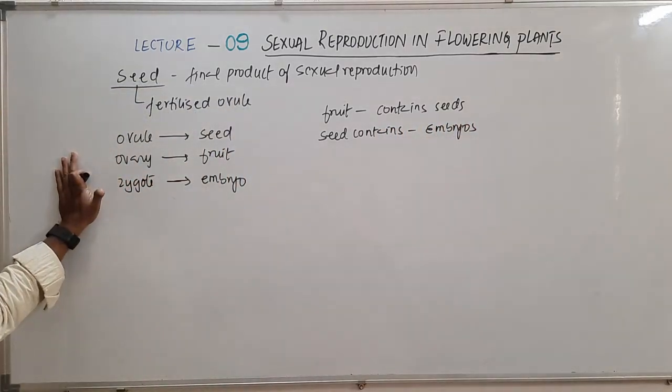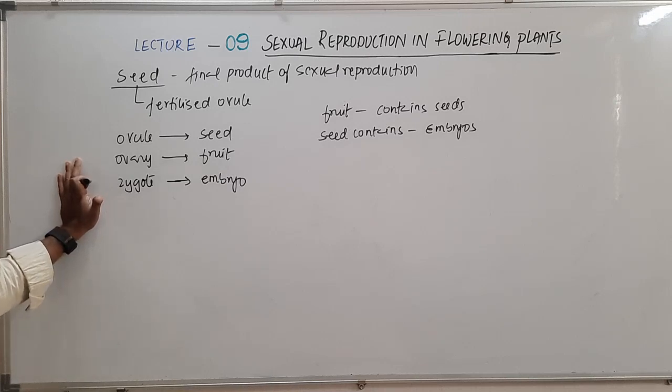Those embryos have primitive structures like the plumule and the radicle. On germination, the plumule will develop into the shoot system, and the radicle will develop into the root system.